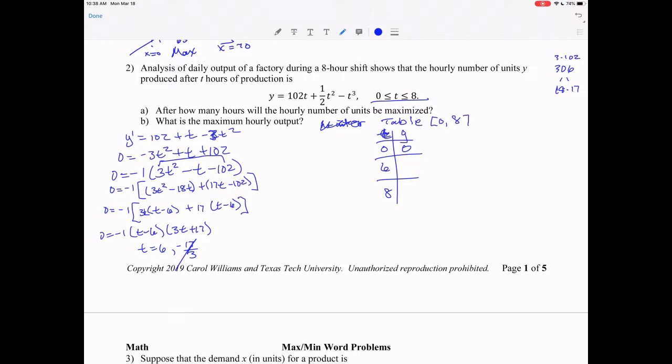If we put 6 in, we get 102 times 6 plus 1/2 times 36 minus 216.